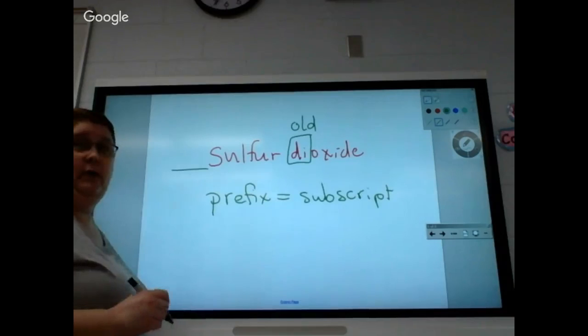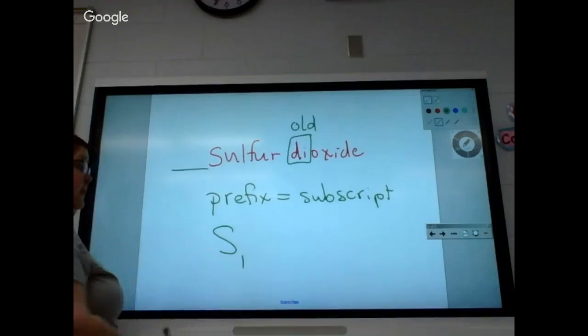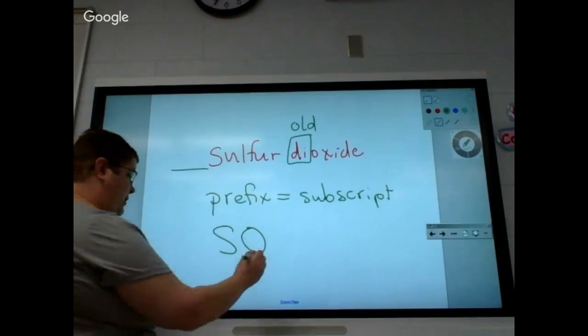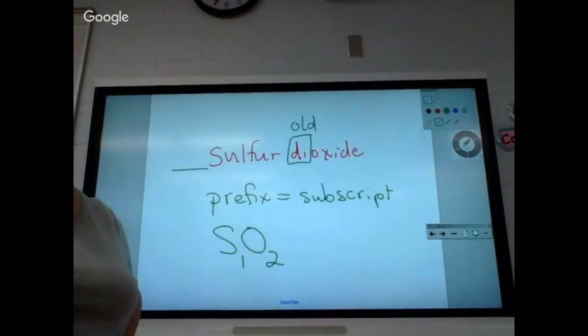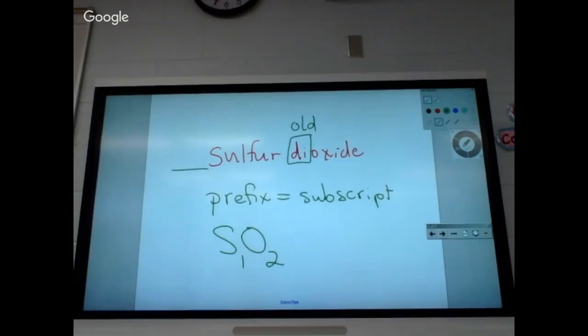There isn't one, so that means there's no subscript on the sulfur. It's just a 1. Oxide, what prefix is on oxide? That means the subscript is a 2. There's no crisscrossing in old system. Will there be some old systems? There is a very small number. I told you, you're going to see very, very small numbers of that. Probably not more than 1 or 2.